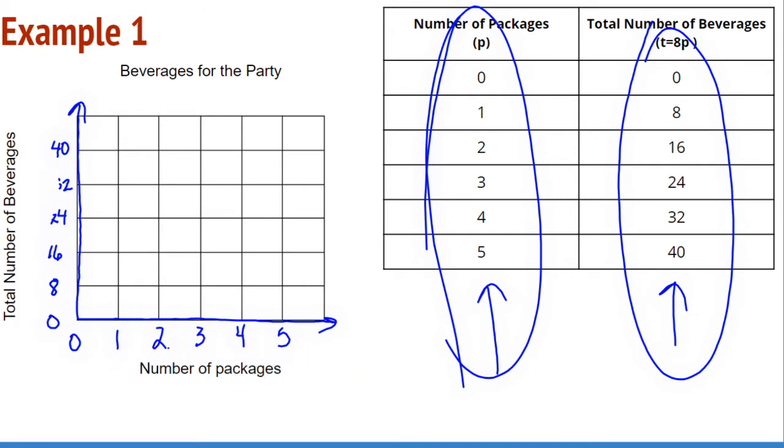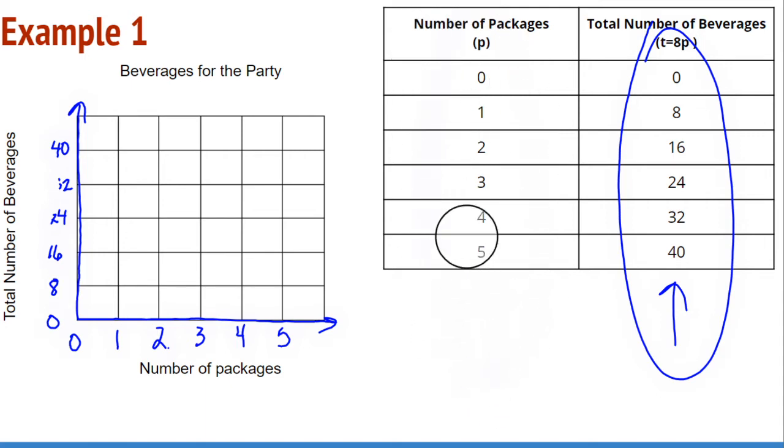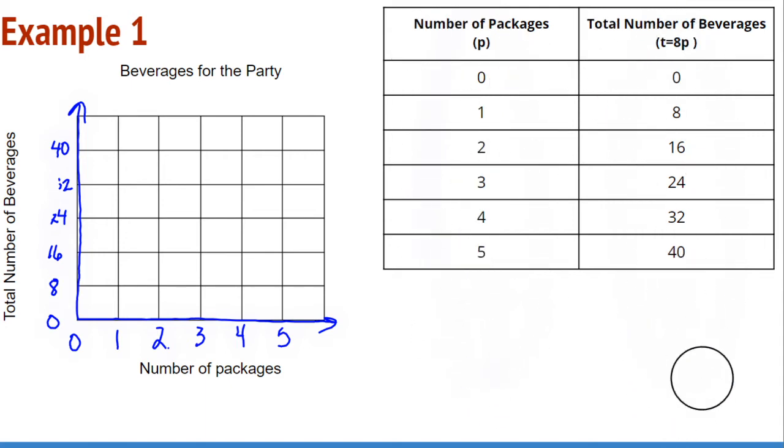The last thing we need to do is add our points. If you remember what we did with ratios, our independent variable is our x coordinate, so 0, and our dependent variable is our y coordinate, so I will plot a point at 0, 0.